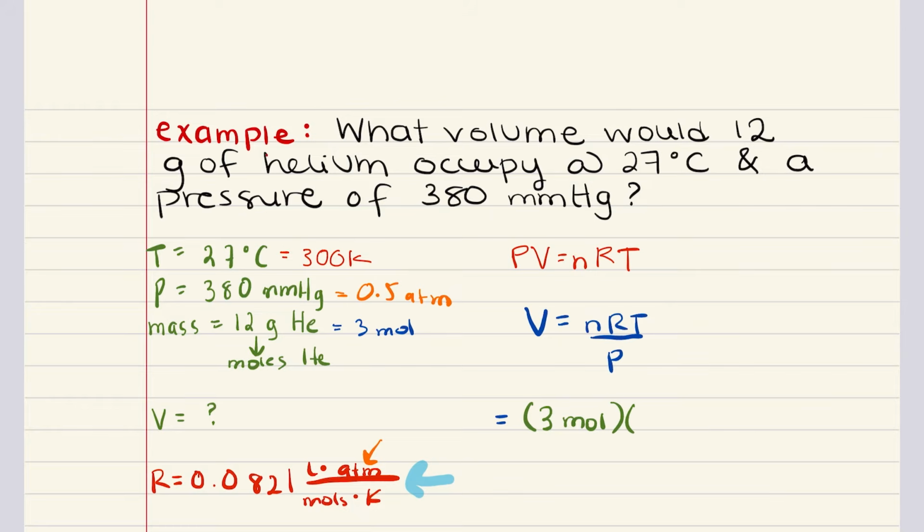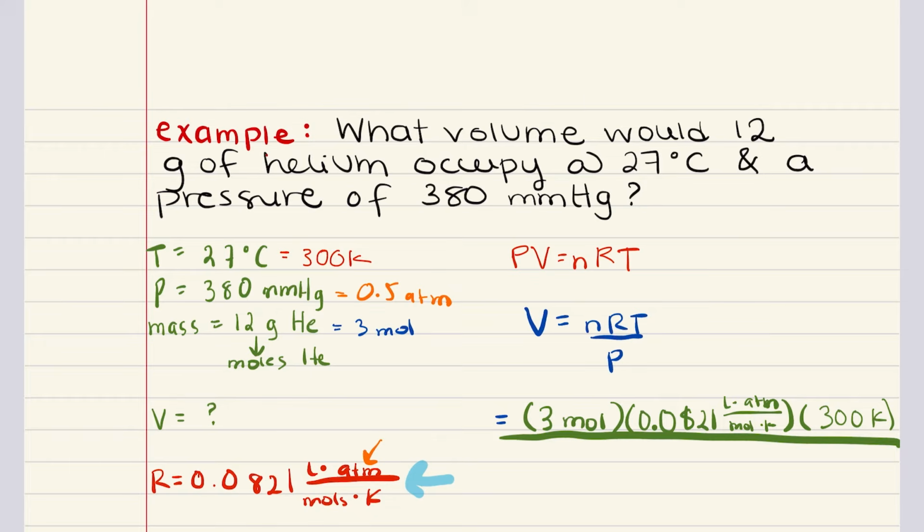R is our gas constant. That's equal to 0.0821 liters times atmosphere over moles times Kelvin. And then T is temperature. That is equal to 300 Kelvin. Now that's all going to be divided by our pressure, which is 0.5 atmosphere. So that is what's going to be our volume.